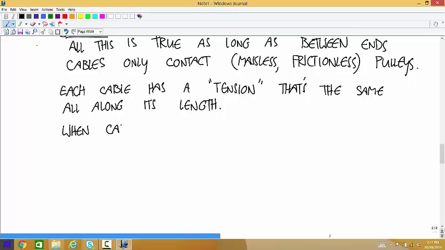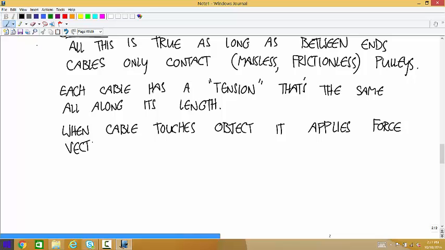When the cable touches an object, it applies a force vector that first has a magnitude of T, so its magnitude is equal to that tension.